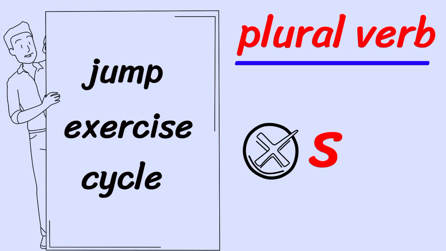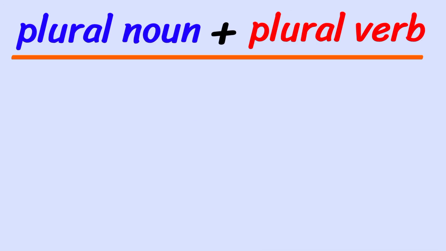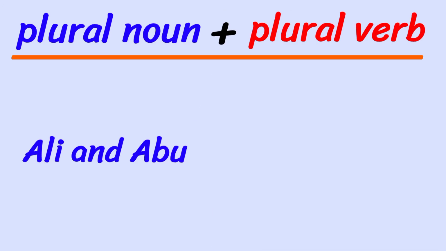When a sentence is in plural form, it means there's more than one. Remember it this way. When you and your friend are in a small plane, would you invite another friend to join? Definitely no, right? Because it's too crowded. Same goes for plural verbs. Don't add an S or else it will be too crowded.